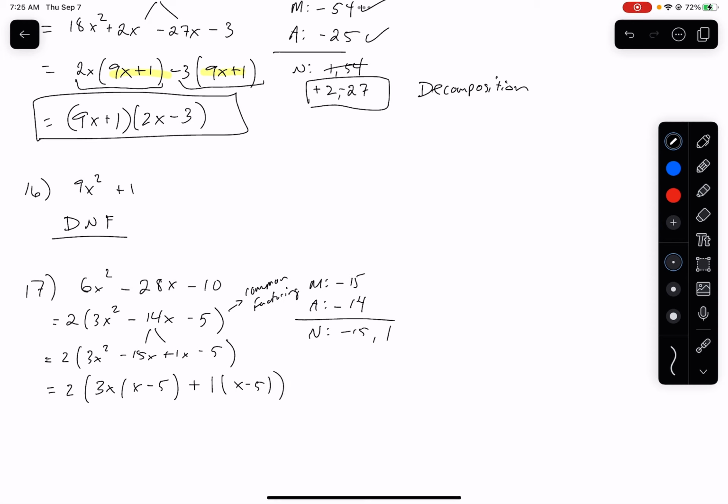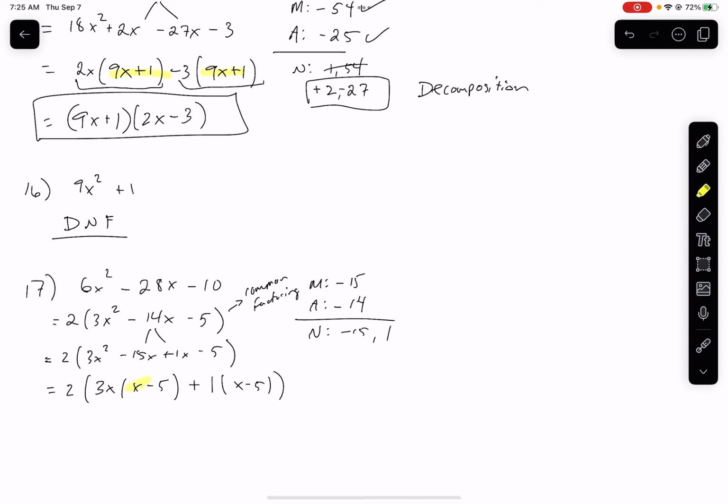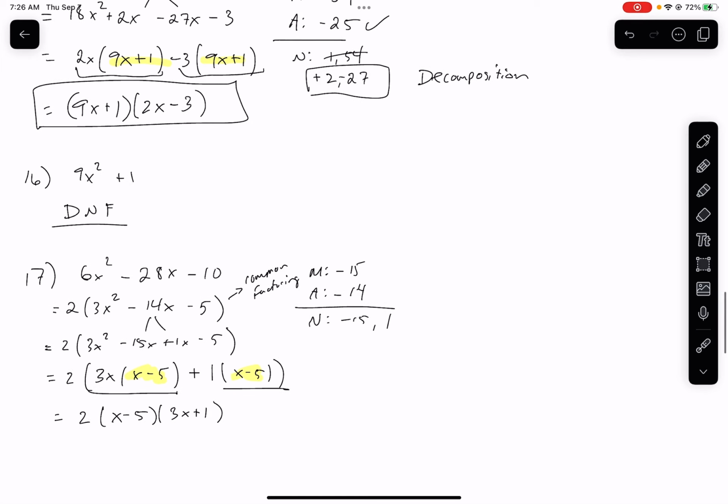That should be your clue. Again, when we're doing questions involving decomposition and complex trinomials, that's your clue that you've done your work correctly. And now you can remove that yellow piece across the two terms that still exist. So we're going to be left with 2x minus 5 times 3x plus 1. That should be your answer for 17.